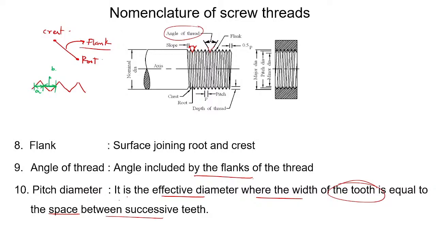So pitch diameter is a location where the width and the space are equal, that is, A is equal to B. Wherever these two dimensions are equal, the line passing through that will be the pitch diameter.